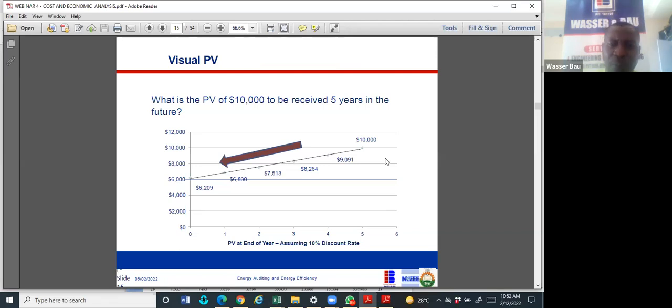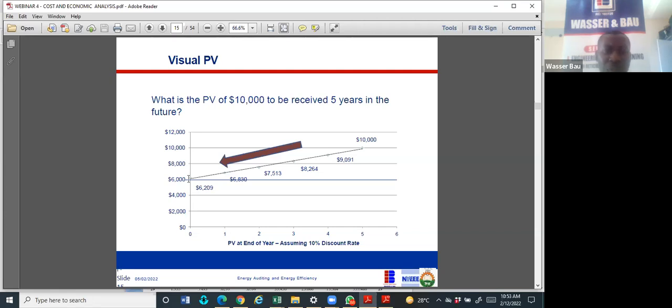Okay, a typical example of a present value. What is the present value of 10,000 to be received 5 years in the future? So if this is year 0 and we have 10,000 naira in the future, the present worth, if we are discounting at 10%, it means today that money is worth 6,209 naira.